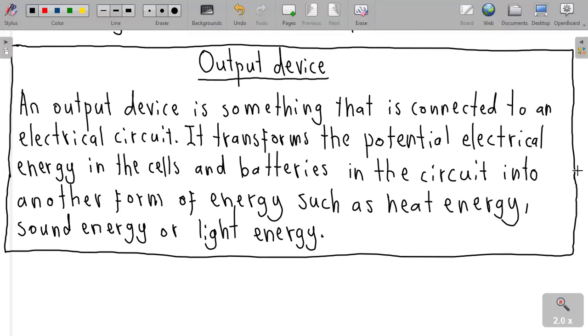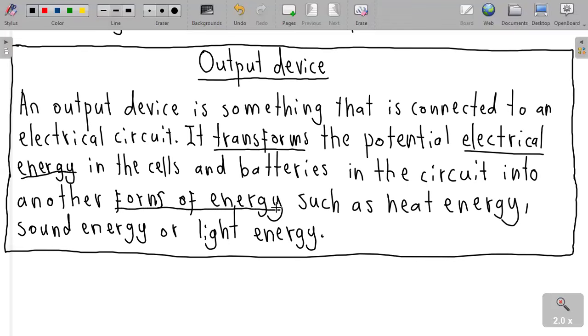So an output device is something that is connected to an electrical circuit. It transforms potential electrical energy into other forms of energy.